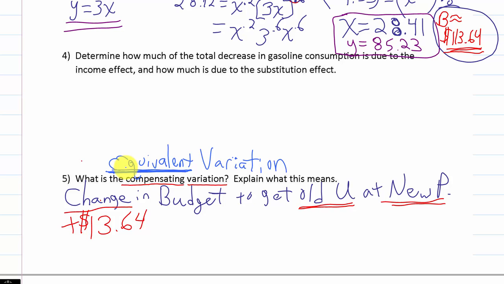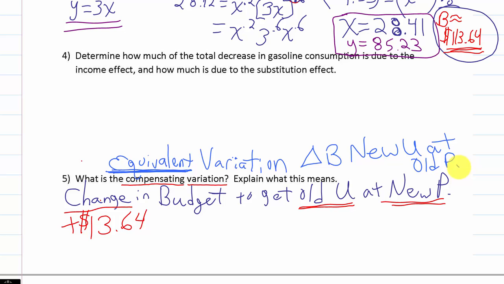Right? So it's a similar kind of calculation, a similar kind of idea, but instead of being the change in budget to get you to the old utility at the new prices, it's the change in the budget that it would take to get you to the new utility at the old prices.